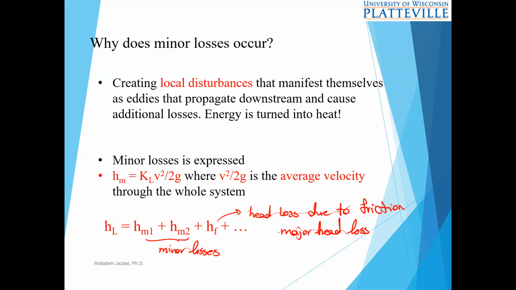Let's look at some connections in the piping system and see what this KL value is. So in the next step, we are going to introduce what the KL value is. Is it something we need to calculate?